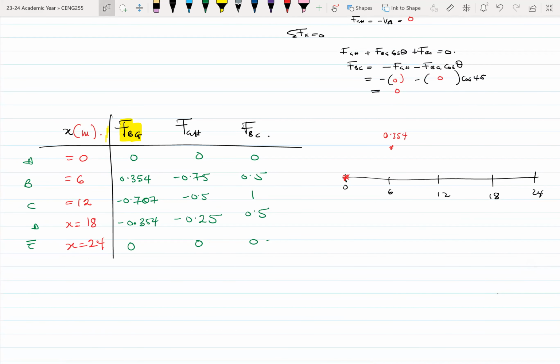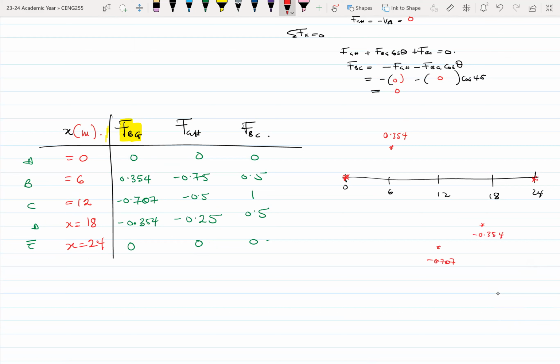At 12 meters, our FBG has come all the way to negative 0.707. Then at D, it moves closer to minus 0.354, and at E, it goes back to 0.